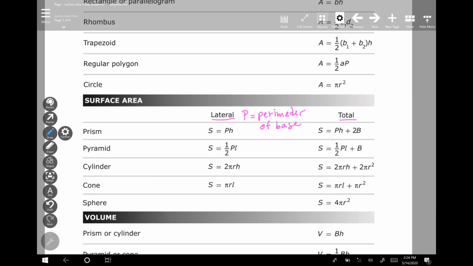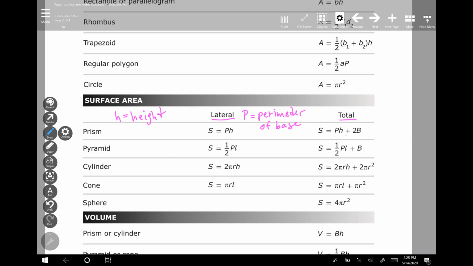So if we went back to our triangular prism up top, it would be the perimeter of that triangle, okay? So capital P is perimeter of the base. H is height, okay? And your height is the distance between the two bases. So that's for prisms. Okay, so perimeter and height.